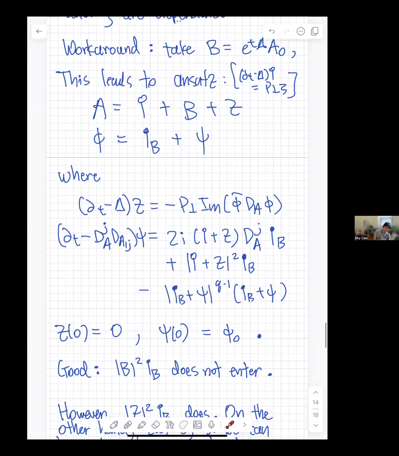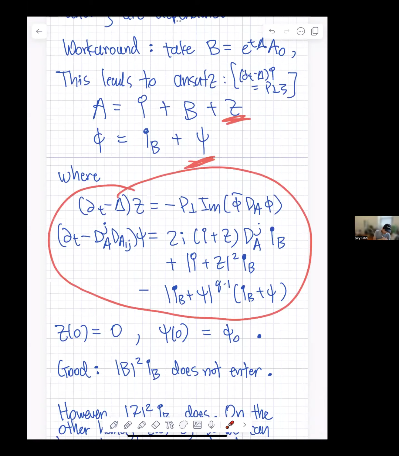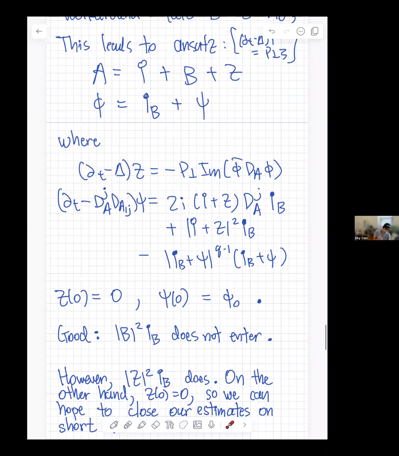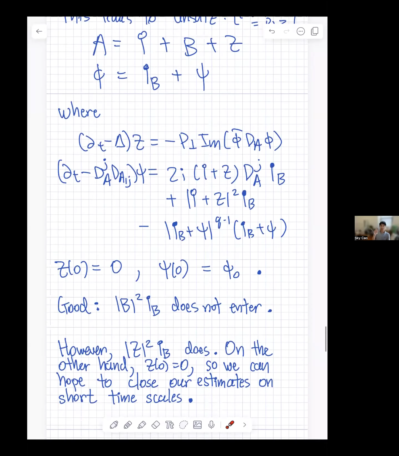If you now write out the equation for Z and psi, as I did here, it's not so important what exactly the equations are. I just want to comment on two things. One is that the good thing about this now is that B squared does not enter on the right-hand side here, whereas before I had the A squared object.